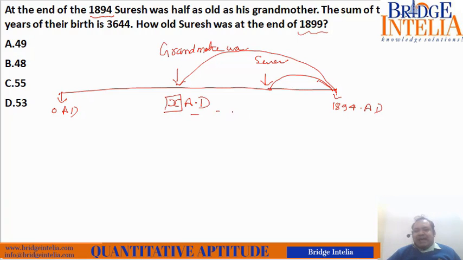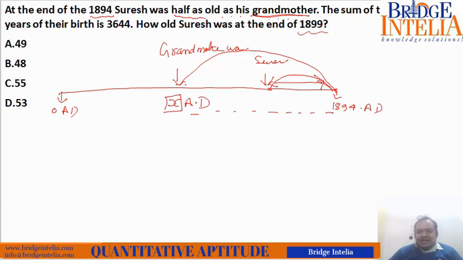This much time has passed by then. So whatever time has passed after you are born is your age. If I say that 12 years have passed since my son was born, I am trying to say that my son is 12 years old. So whatever time has passed after your birth, that is your age. We know that Suresh was half as old as his grandmother, which means this gap is half of this gap.